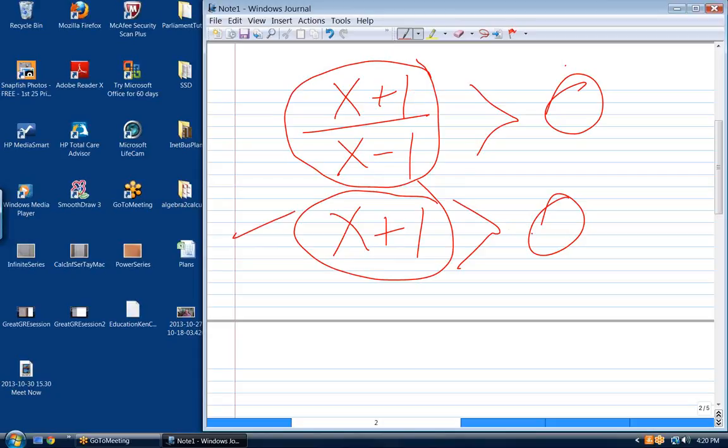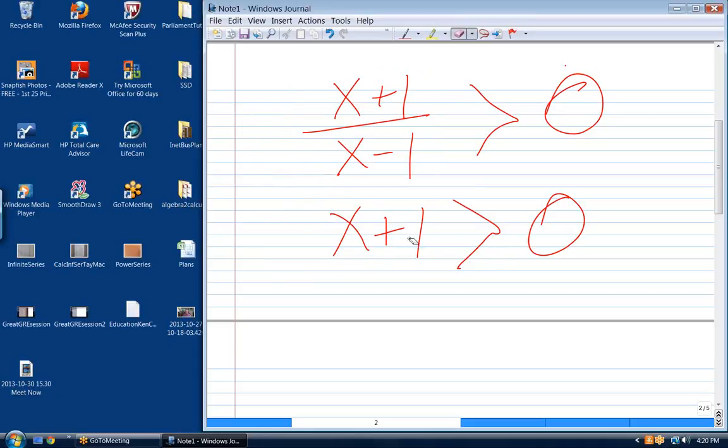Notice that x plus 1 doesn't have to be greater than 0. If that's negative and that's negative, the whole equation is valid. So x minus 1 can really be plus or minus. We just don't know what number ranges it can be plus or minus. There's no specifics. So I don't know how to make further progress on this without a sign chart.